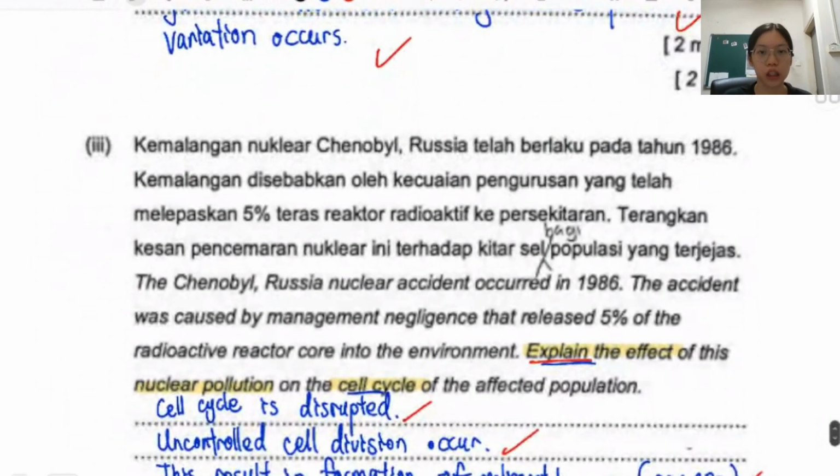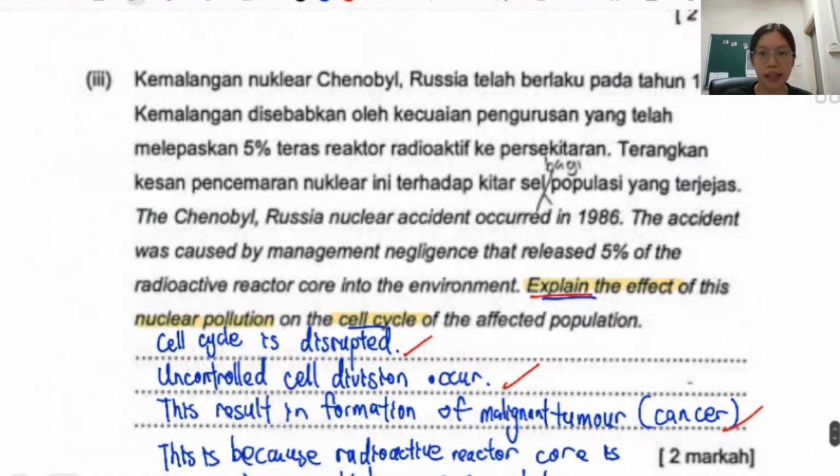Uncontrolled cell division occurs. Further elaboration, it leads to a tumor, formation of tumor, which is cancer, a malignant tumor to be precise, because cancer can spread throughout your body. But a benign tumor is only localized in one specific area. Let's say if you have pancreatic cancer, it only localizes at the pancreas, it won't spread.